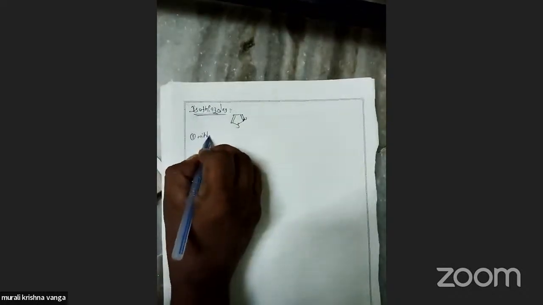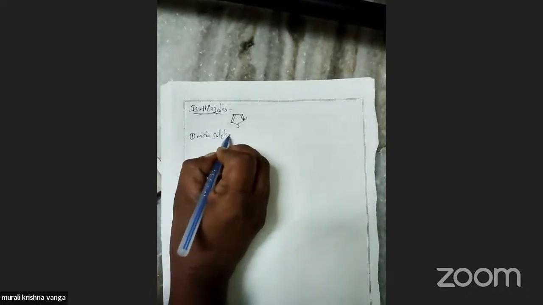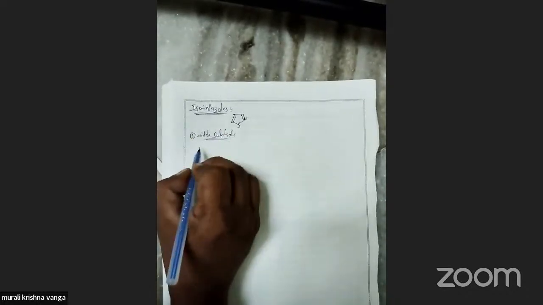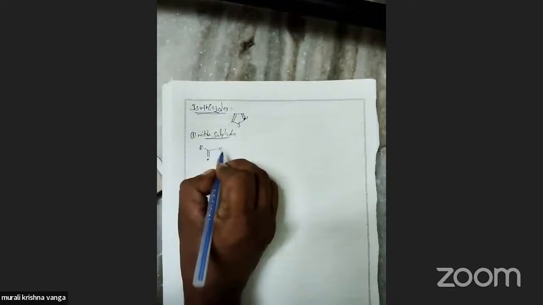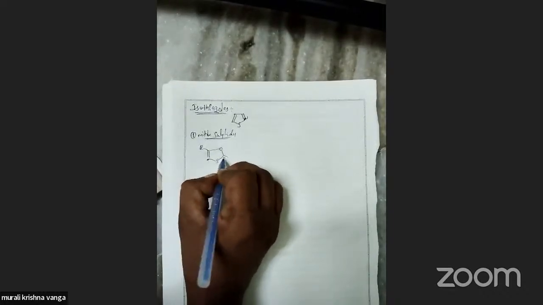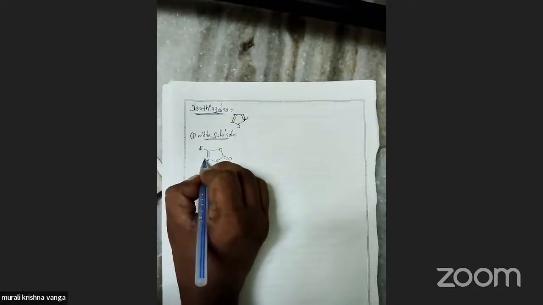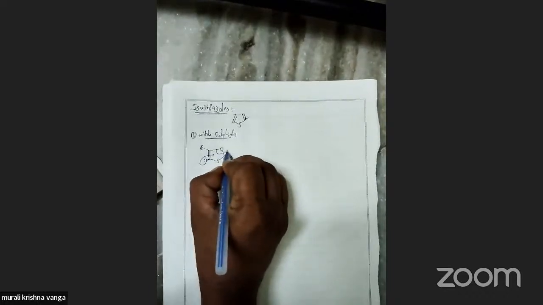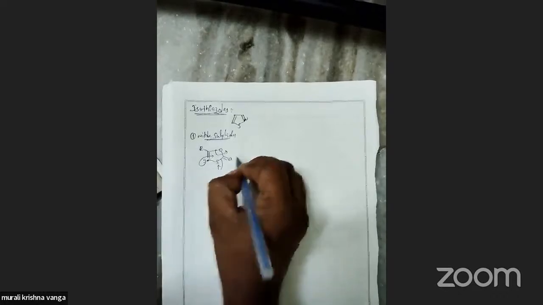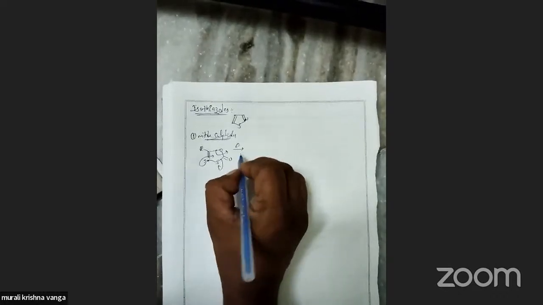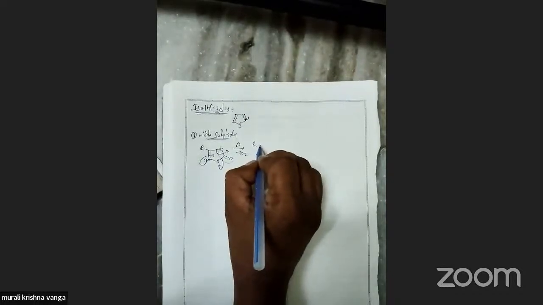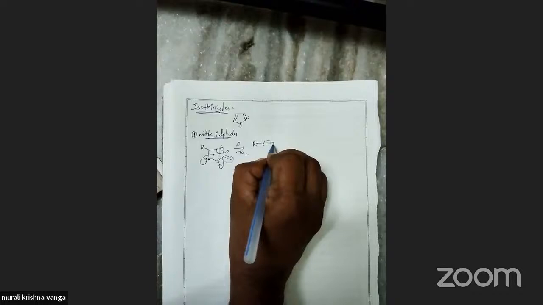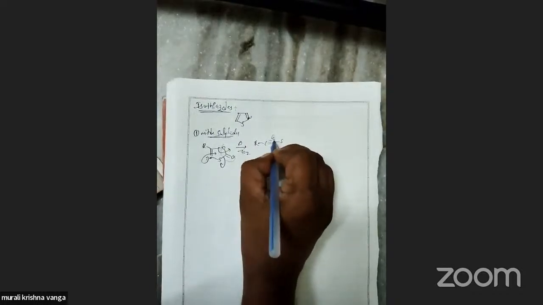The ring opens upon heating by loss of carbon dioxide, and then produces the nitrile sulfide.